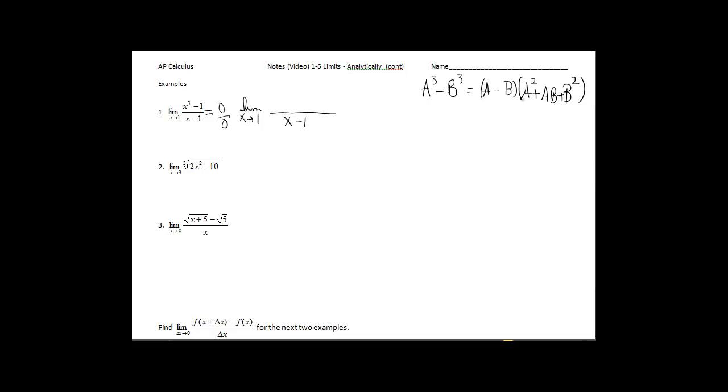So again, like I said, you have prior notes that would help you review sum and differences of 2 cubes and factoring into a binomial times a trinomial. Okay, so real quickly applying that formula over here, looking at the numerator, we know it's a binomial times a trinomial. And it'd be very helpful if you think about it a step ahead that if this binomial was x minus 1, I'd be able to cancel with the x minus 1 in the denominator, which is causing the division by 0.